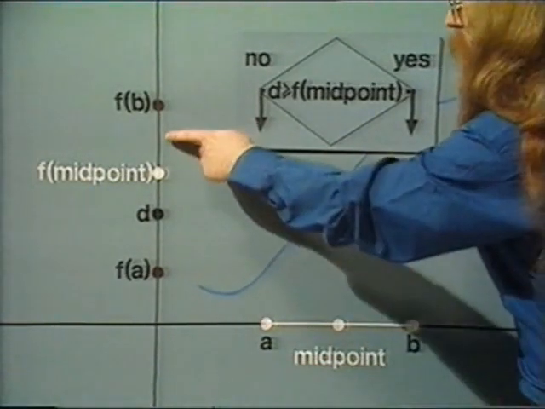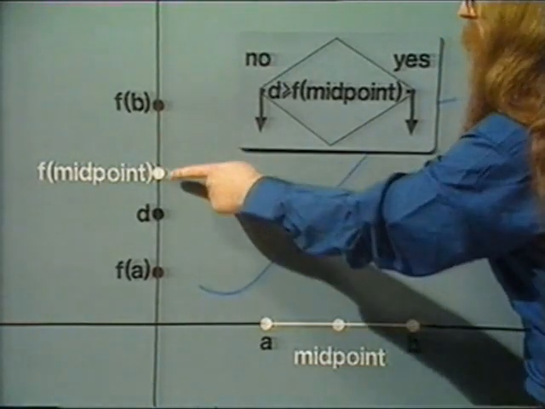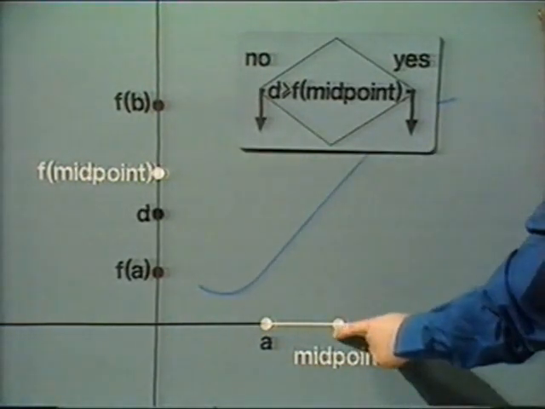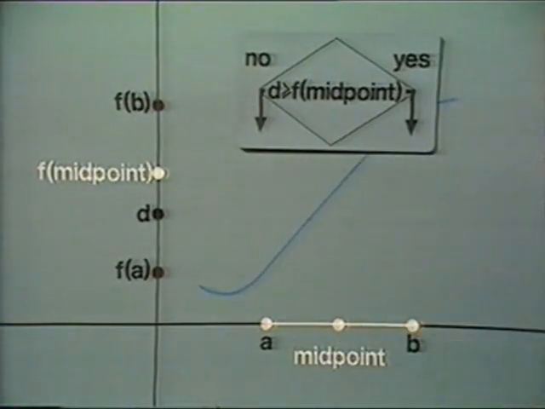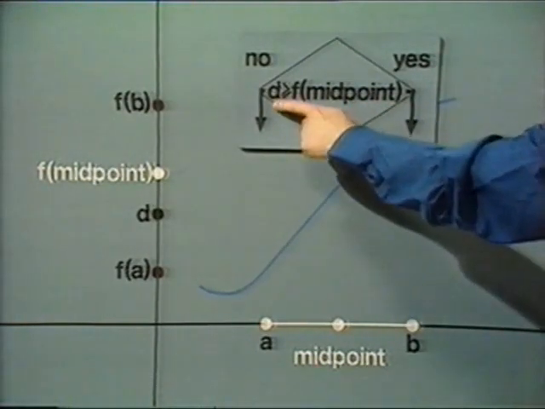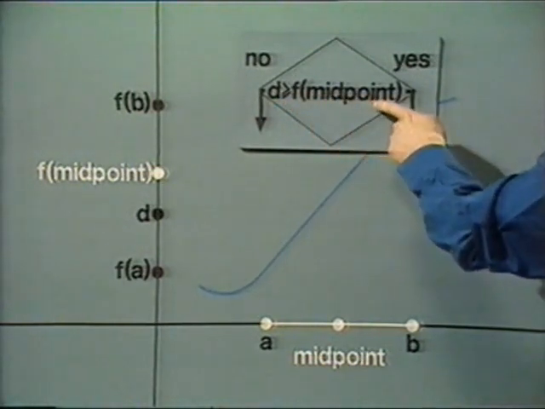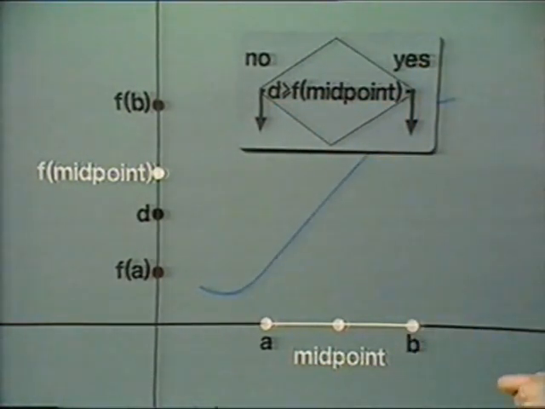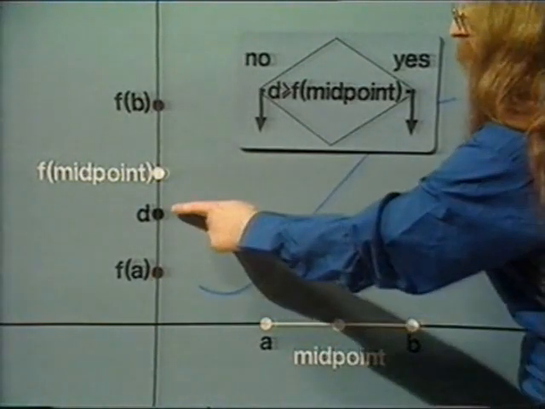Suppose, for instance, D was up here. Then D would be straddled by this image and this image. So we'd want to use this half interval. Well, that's exactly what this decision procedure says. It says that if D is greater than or equal to f of the midpoint, we answer yes, and we choose the right-hand half. But in fact, in this case, D's here.